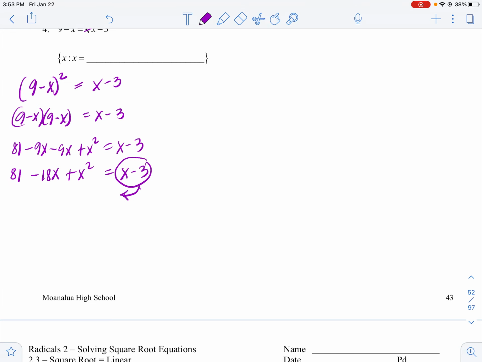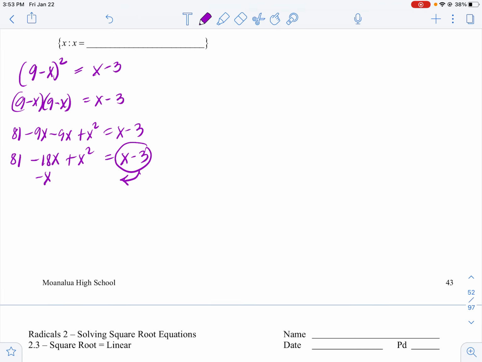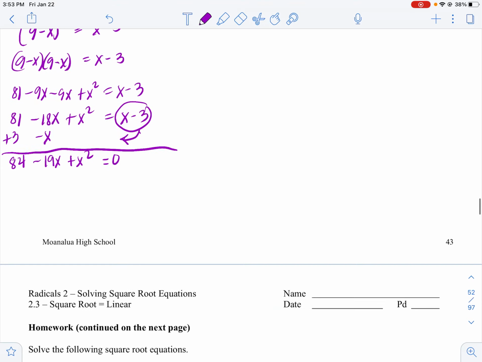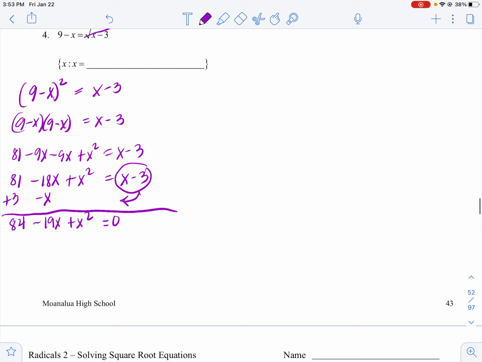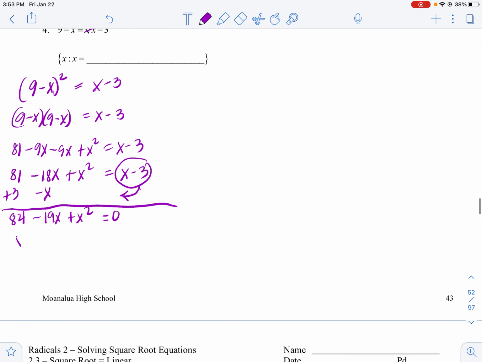We move that one, so we subtract x on both sides, and we add 3 on both sides. So that's 84 minus 19x plus x squared equals 0. So if it's confusing you, let's rewrite that: x squared minus 19x plus 84 equals 0.